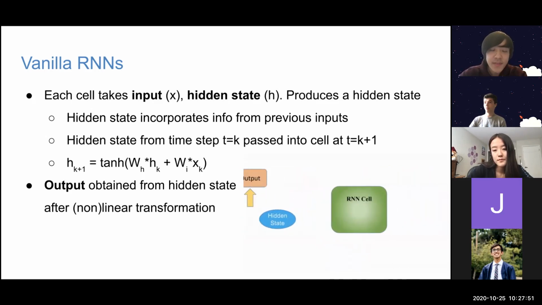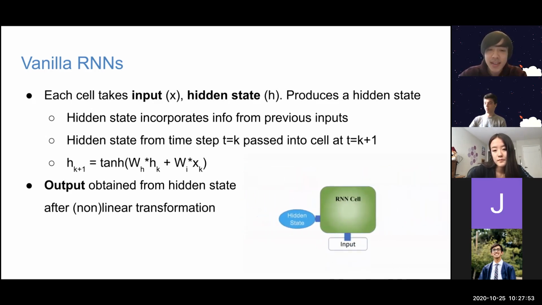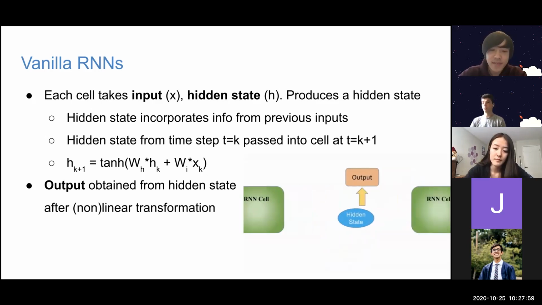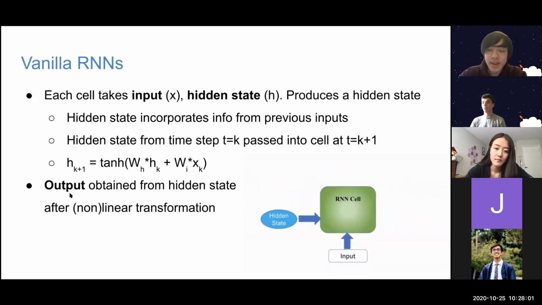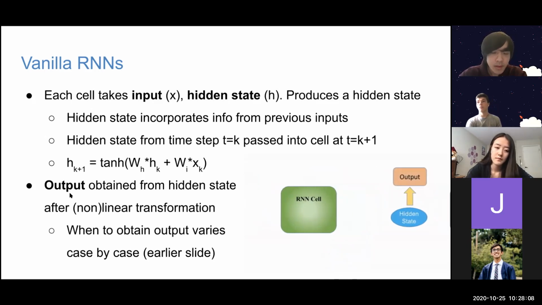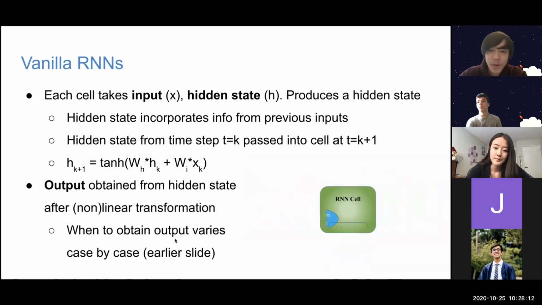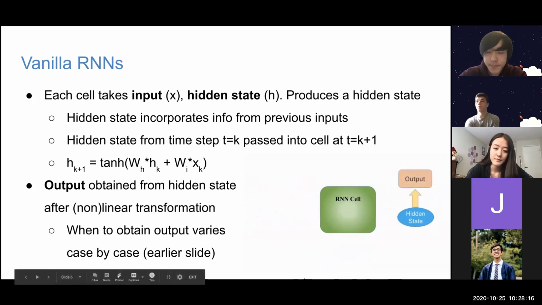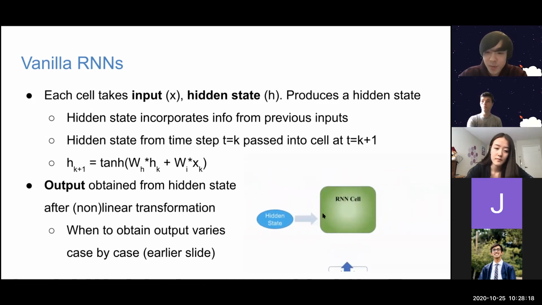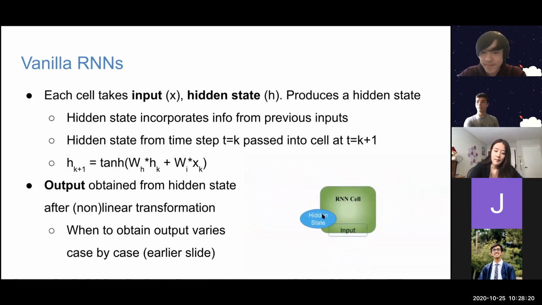And then if you had the diagrams we've seen before, like a one-to-many or many-to-one, or a different type of architecture, then you would only be obtaining outputs from some hidden states, and you would just throw out the rest of them after you're done with them. And when you want to transform the hidden state into output varies on a case-by-case basis. So at this point, does anyone have any questions?